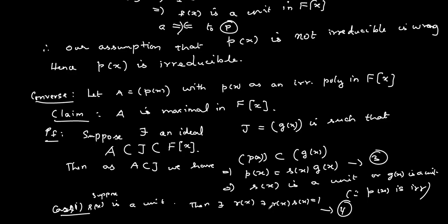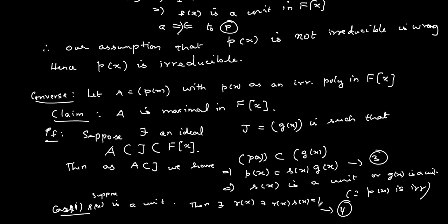Unit means invertible. So that means there exists some R of x such that R of x into S of x is equal to 1. We will name this as equation 3 and this as equation 4. What we are going to do now is multiply the third equation by R of x, so that you will have R of x into P of x equal to R of x into S of x into G of x.